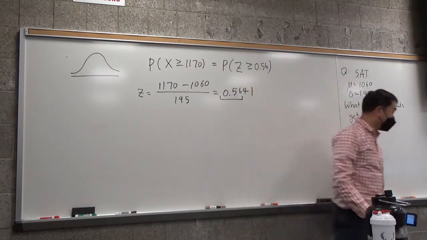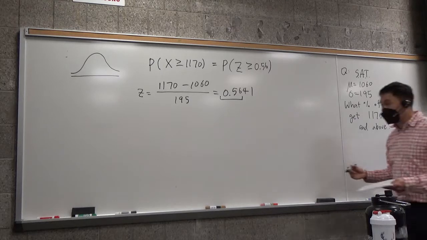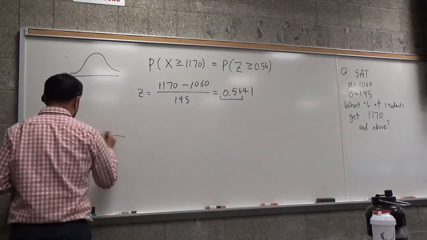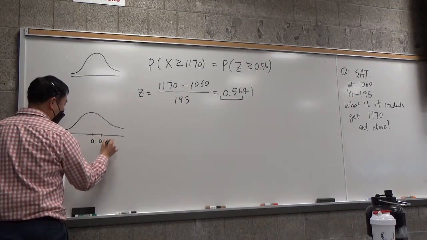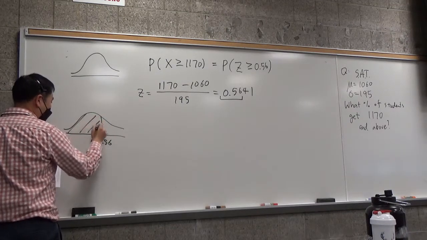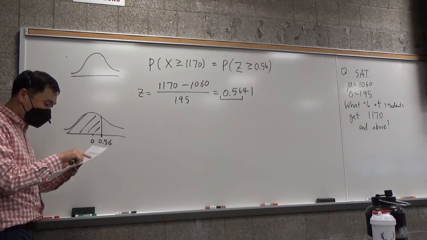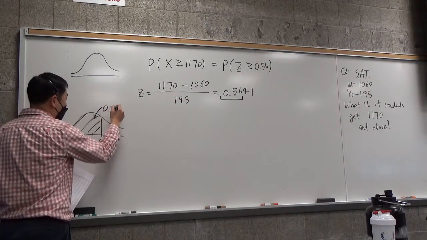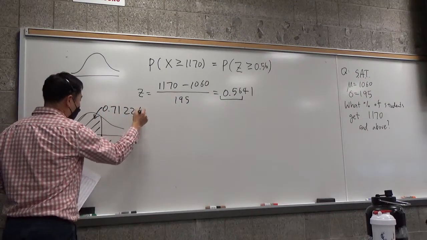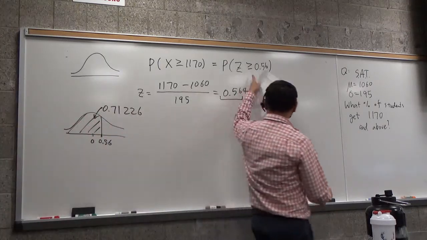And now let's look at the table. 0.56. So 0 and then 0.56 is this area right here. For 0.56, I have 0.71226. Okay. However, can you shade this area?